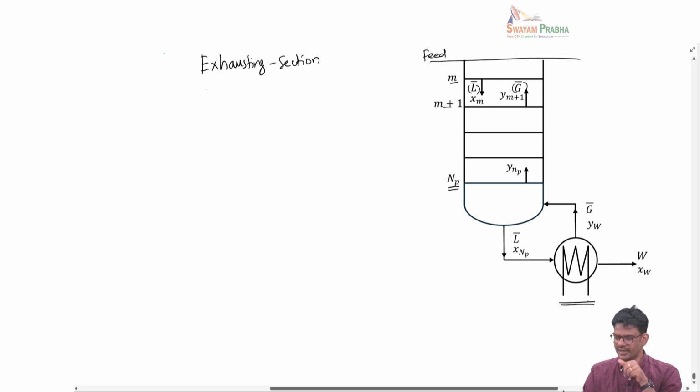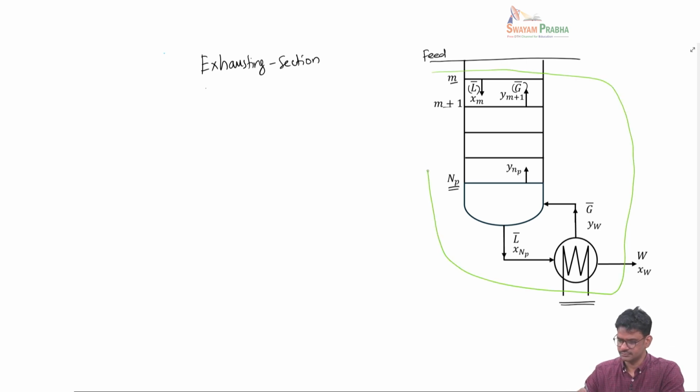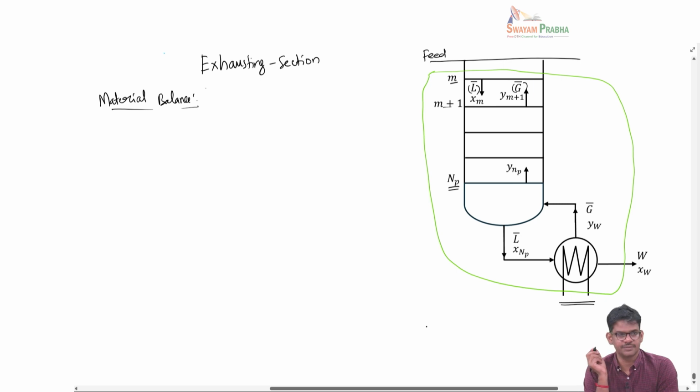This is the reboiler where the liquid is vaporized, and we will do the material balance here over this envelope. So, what is the overall material balance for this section?